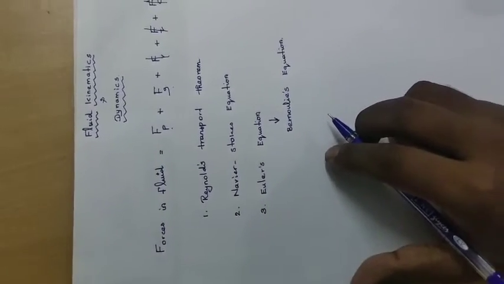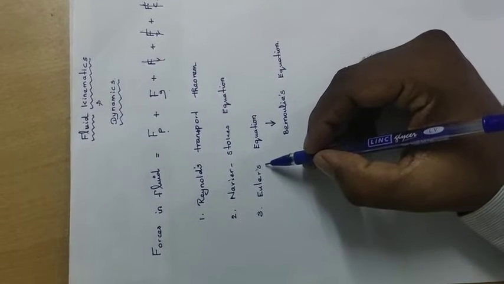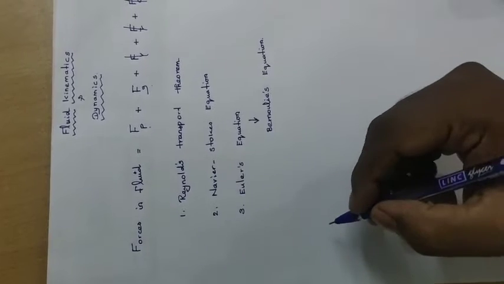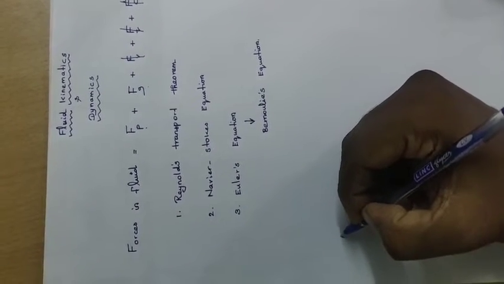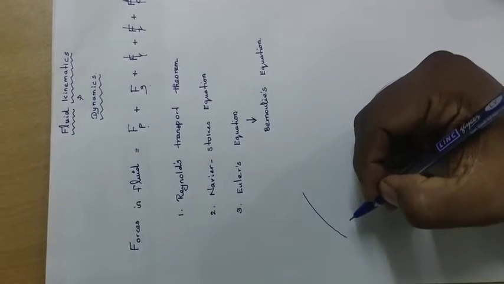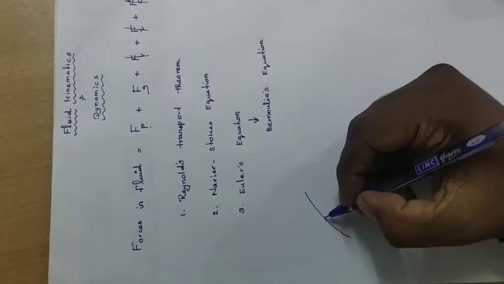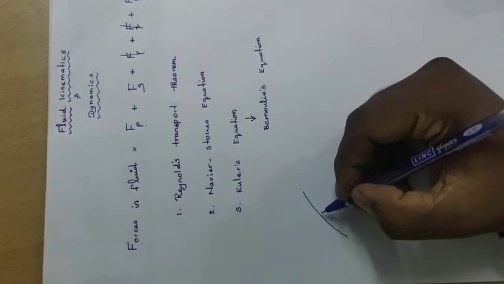So we know what is Euler, where it is applied, right? In a streamline. We know what a streamline is: it is an imaginary line, an imaginary fluid flow line, right?